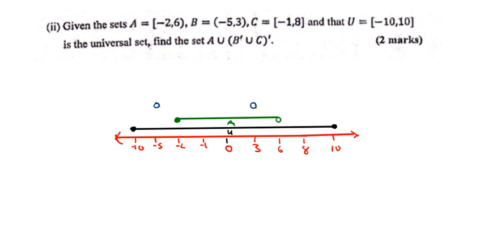So that is our B. Then our C is closed on both sides from negative 1 to 8. Both closed.